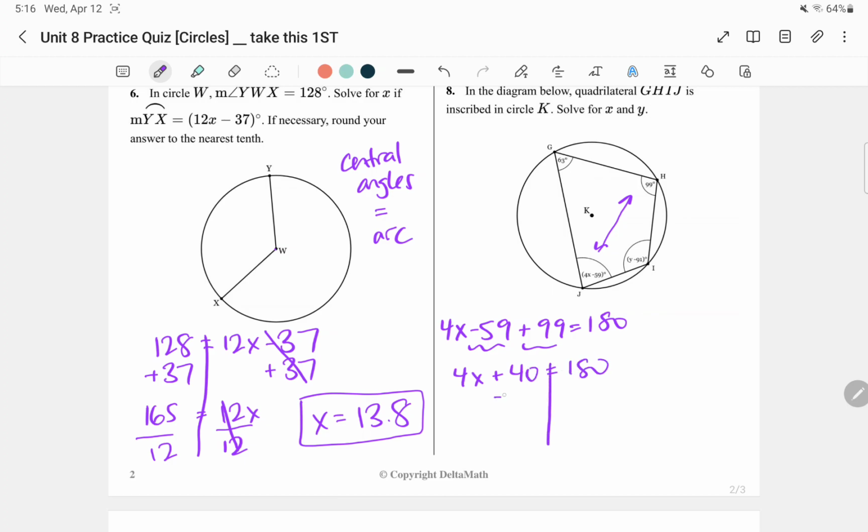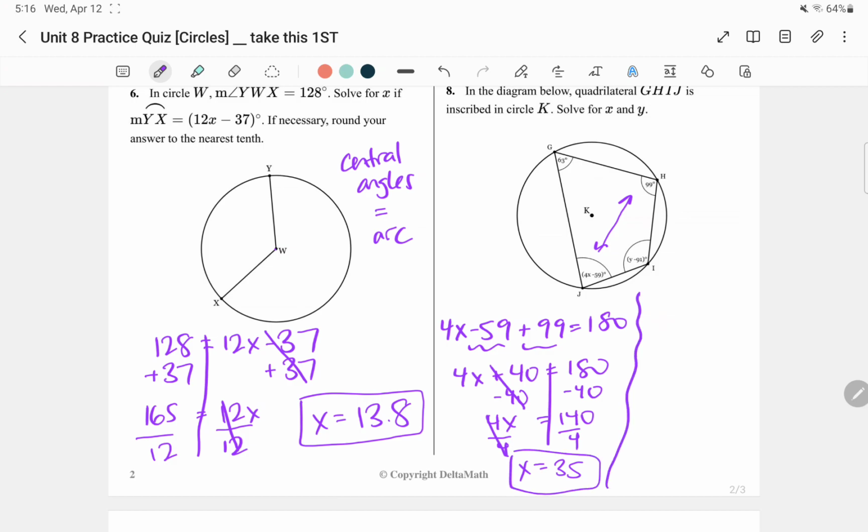And then I'm going to subtract 40 from both sides. 4x is equal to 140. And I divide by 4 to get 35. We could use mental math for that. Let's not be lazy. But yeah, so x equals 35.